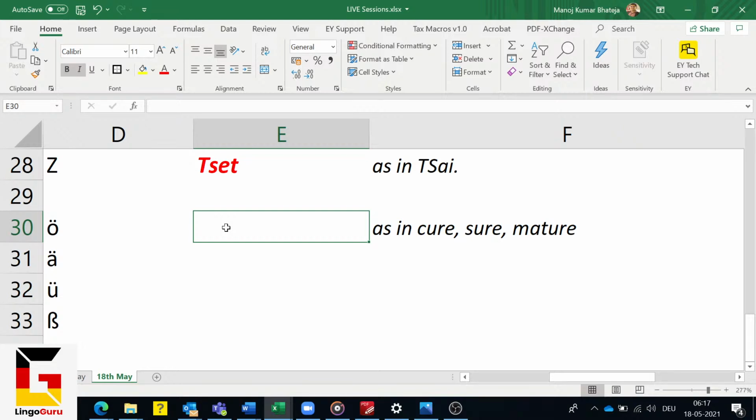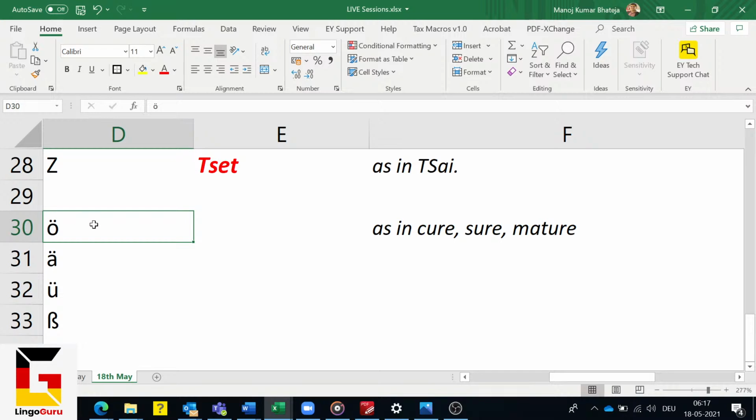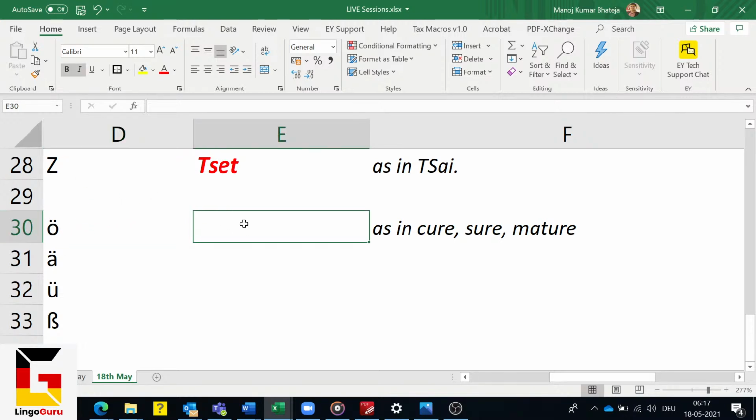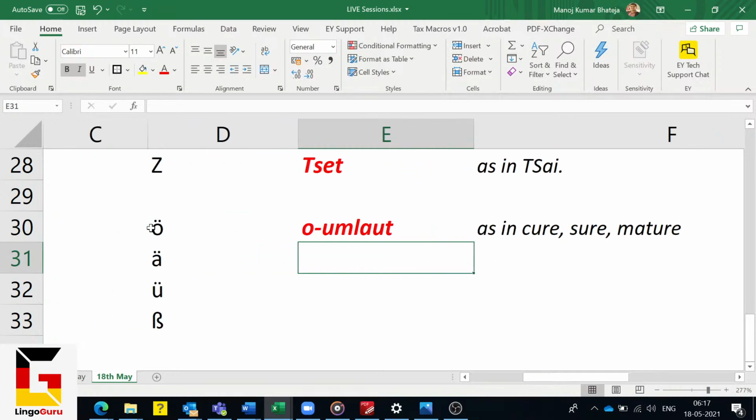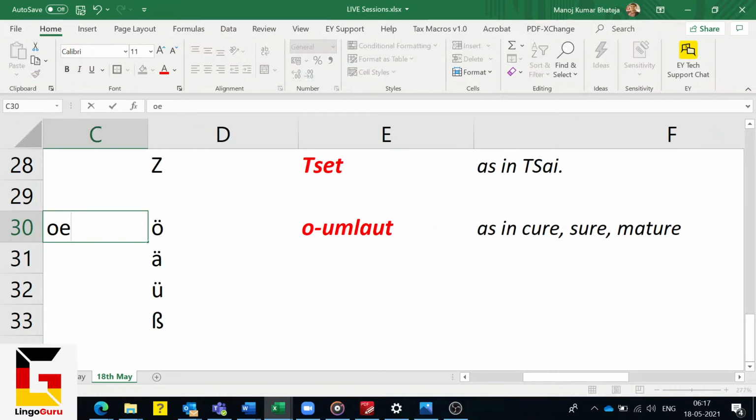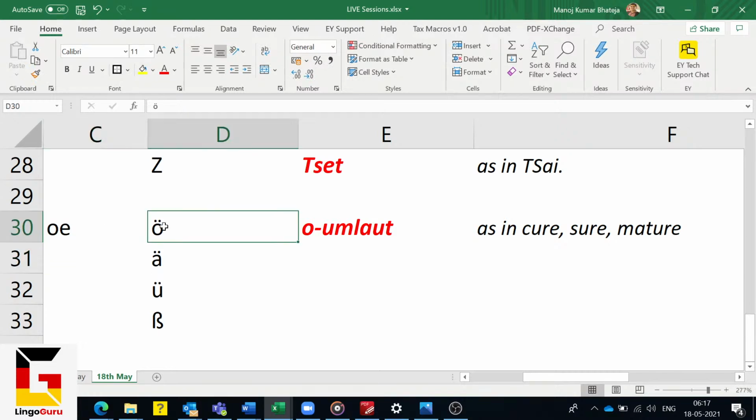Now, if you have a challenge in typing these two dots, this is known as O umlaut, which refers to this sound, and you can type it as OE if you have a challenge in typing this vowel on your keyboards, because on Indian keyboards you won't be able to find it easily.